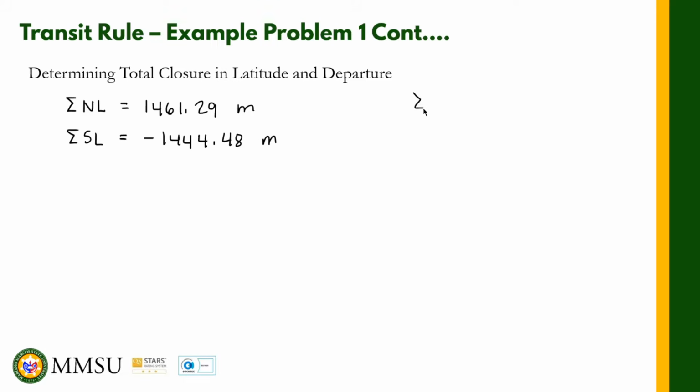The summation of east departure is also given in the table to be positive 1670.36 meters, and for the west departure we have negative 1652.28 meters.